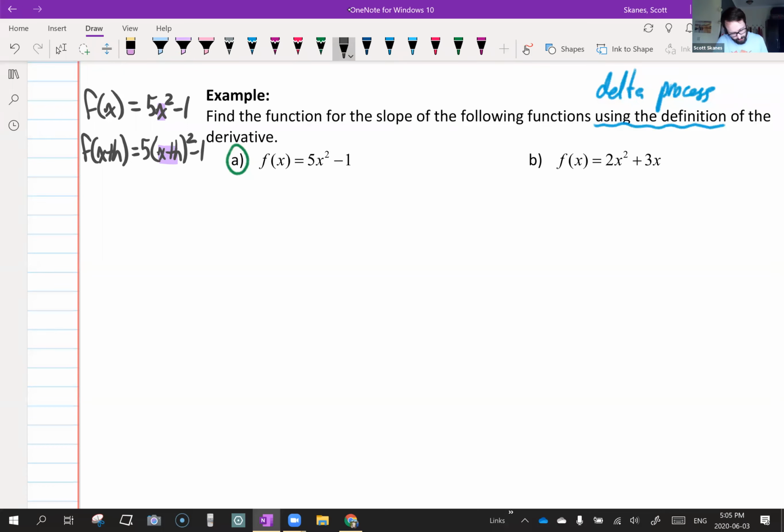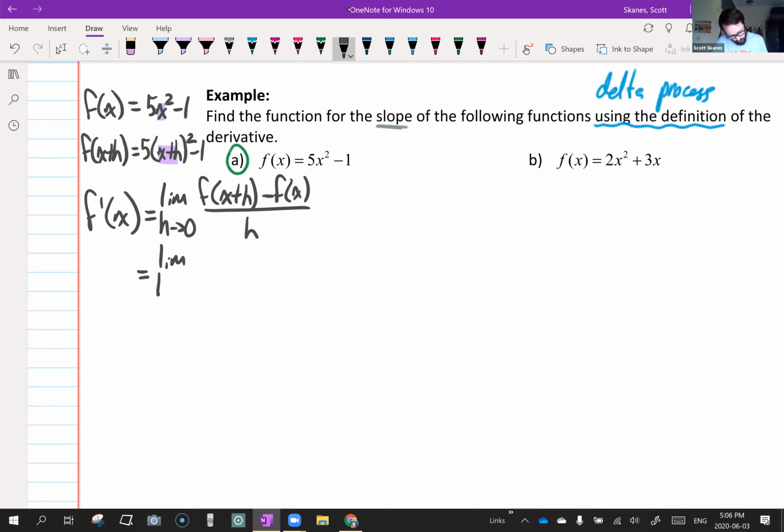Now I need to get the slope, which is also known as the derivative, and I'm going to use the definition of the derivative. This is when we get to use our formula. So to remind you, it's this. We're going to get the limit of this.